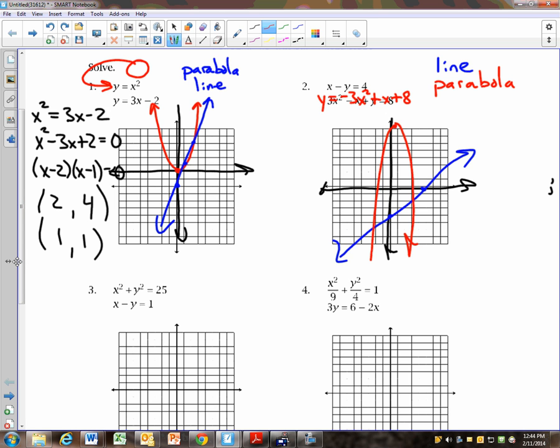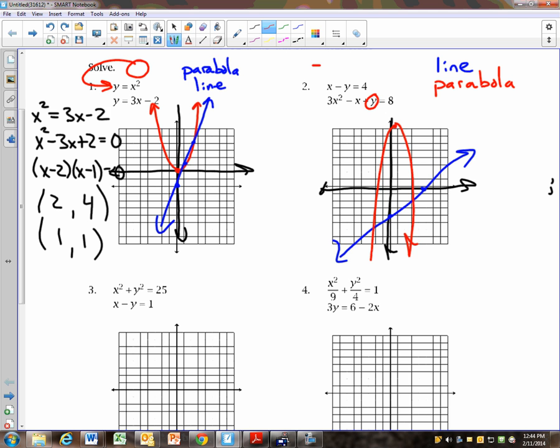Do you know whether you're going to use substitution or elimination for this one? We're going to choose to use substitution. And what we can do is this. You have this y value right there.